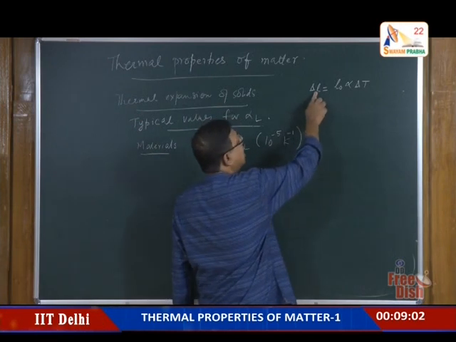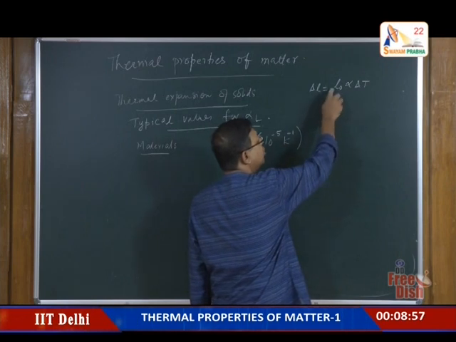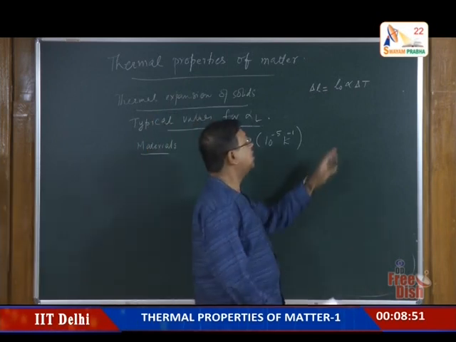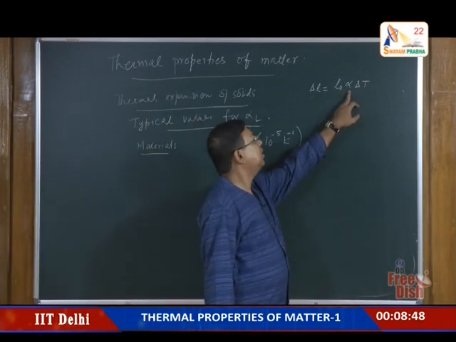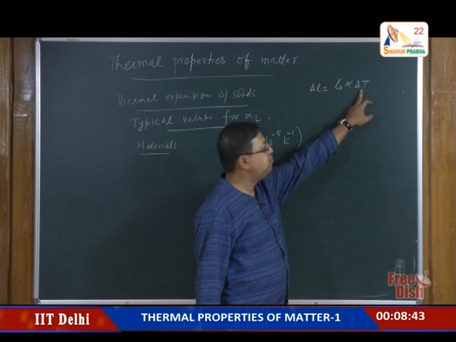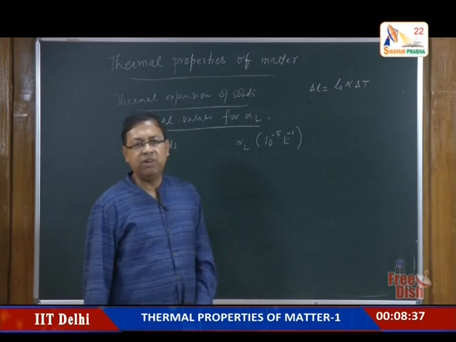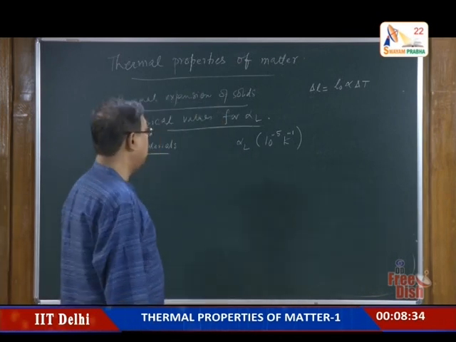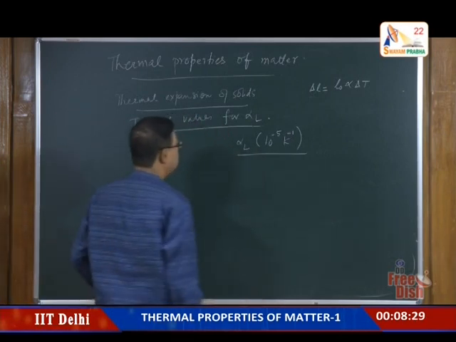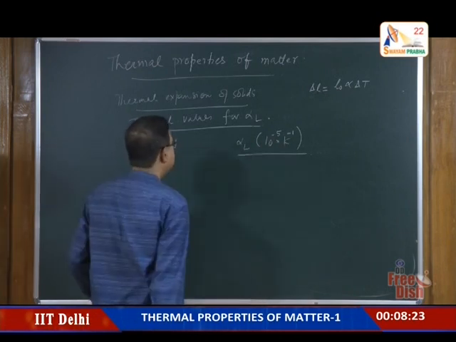Now this quantity delta L on the left hand side has the same dimension as L0 on the right hand side, so they would cancel each other, and as a result alpha will have the dimension of inverse of change in temperature, which is the same as inverse of temperature. So we are using the Kelvin scale of temperature, so this is Kelvin inverse, and the value is quoted on a scale of 10 to the power minus 5. So the unit becomes 10 to the power minus 5 per Kelvin.